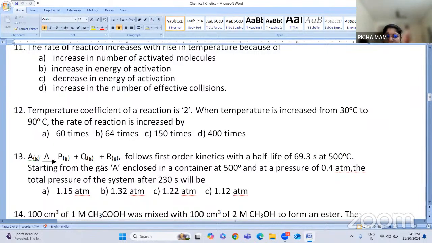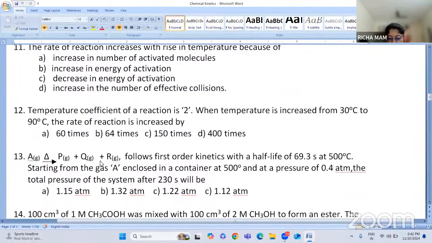Starting from the gas A enclosed in a container at 500 degrees Celsius and at a pressure of 0.4 atm, the total pressure of the system after 230 seconds will be? So you have to find out the total pressure after 230 seconds. These are the four options: A 1.15 atm, B 1.32 atm, C 1.22 atm, D 1.12 atm.